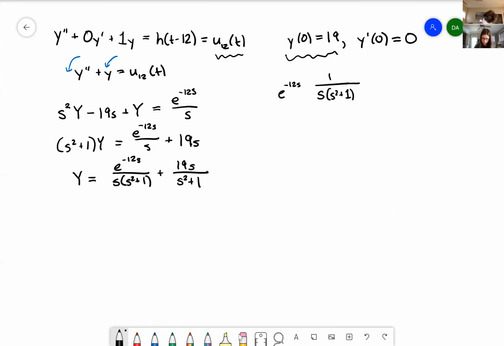So the 1 over s times 1 over s squared plus 1. The inverse Laplace transform will be 1 convolved with, it's kind of easy to do the convolution with 1. It doesn't give you the same thing, but it's like a simple integral. And the inverse of 1 over s squared plus 1 is just sine of t.